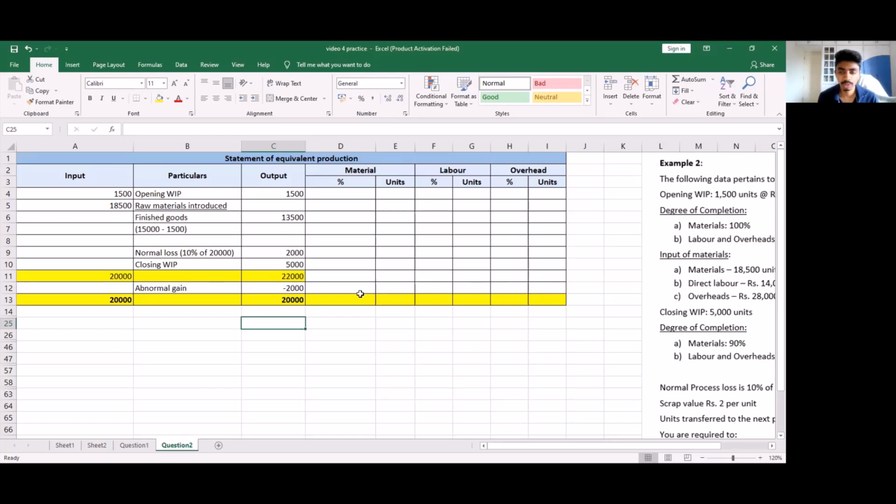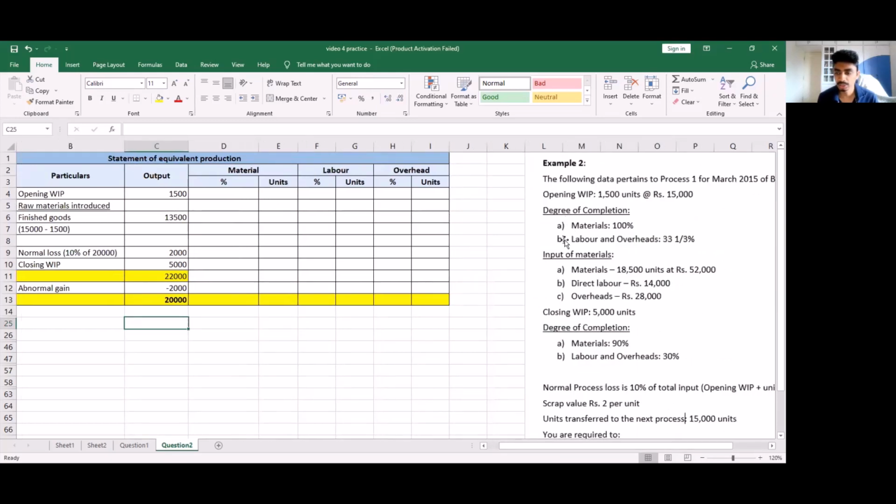Now let's go on to find our equivalent production. For opening work in progress, we are given that the degree of completion is 100% for materials. This means all the work was completed last year and no work is left for this year. So this year's amount of work will be 0% and the units will be 0. For labor and overheads, we are given that 33 1/3 percent of the work is completed.